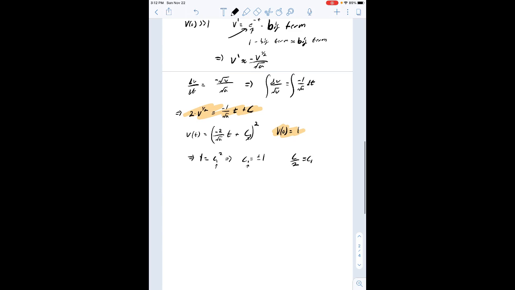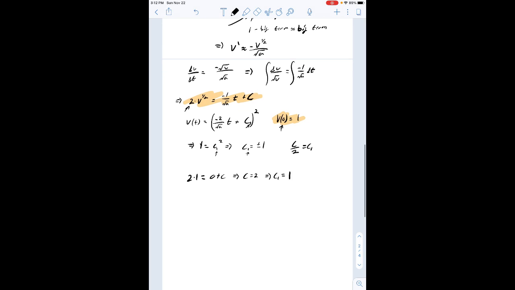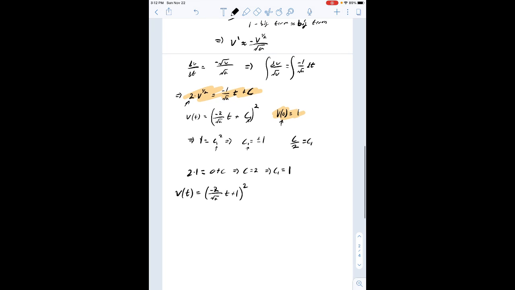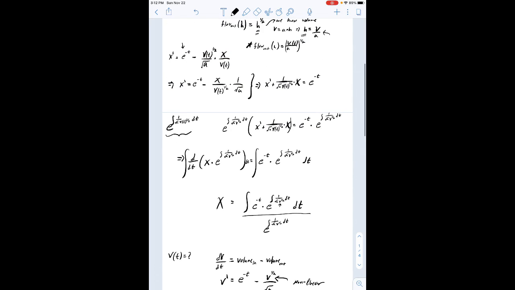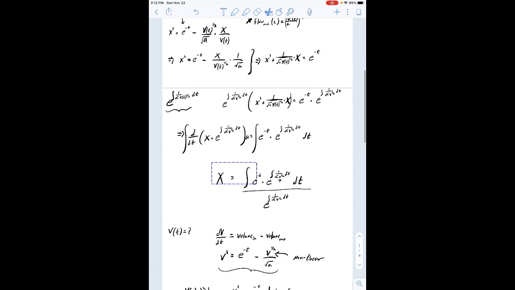Okay, so plugging this into here, we get 2 times 1 is equal to 0 plus c. So c equals 2, which then goes to c1 is equal to plus 1. Awesome, so now we know that. So then we get our final solution, which is v of t is equal to negative 2 root a times t plus 1, squared. Awesome, so now we can actually plug this back into the big x of t term that we got up here.